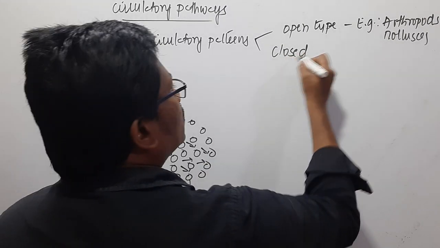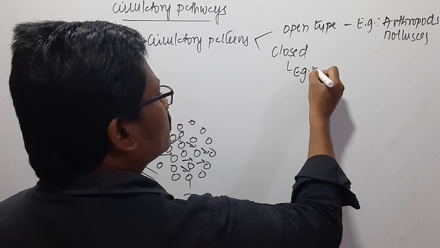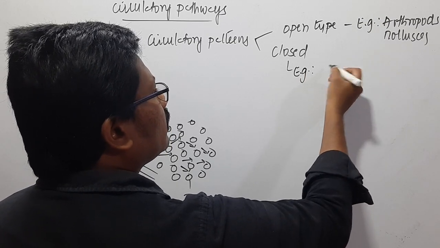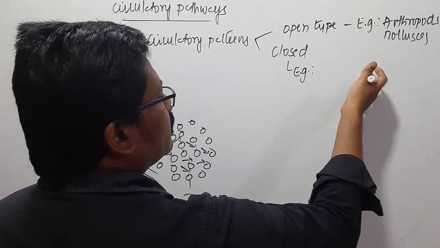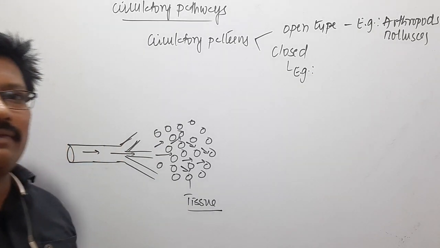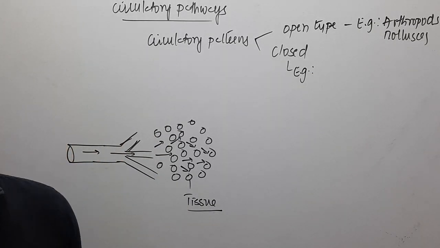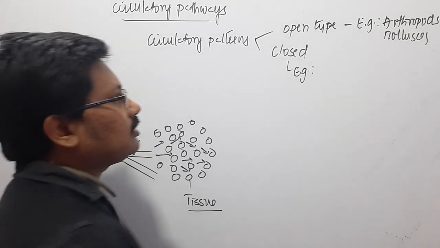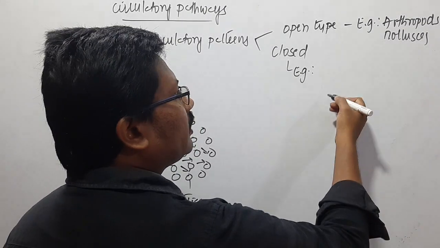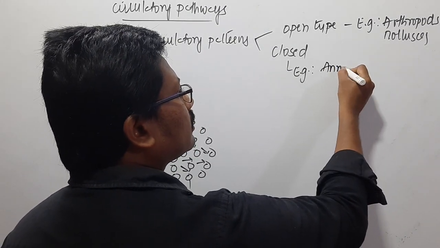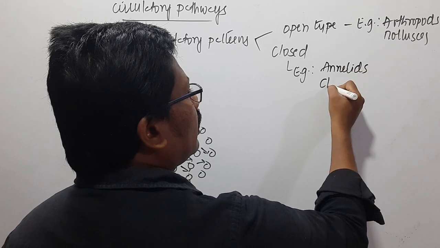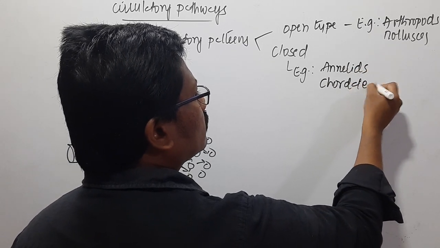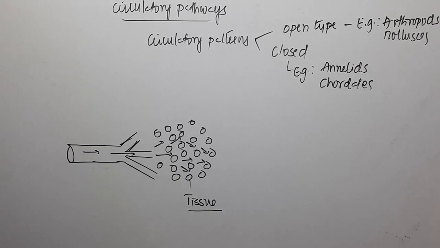Almost all chordates have this closed circulatory system, and you will see it even in invertebrates like annelids, and also chordates. So that's about open and closed circulatory system.